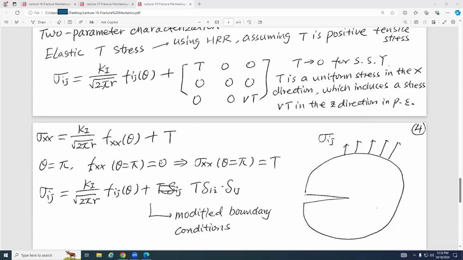Delta ij equals 1 if i equals j, and equals 0 if i is not equal to j. This term and this term are the same.